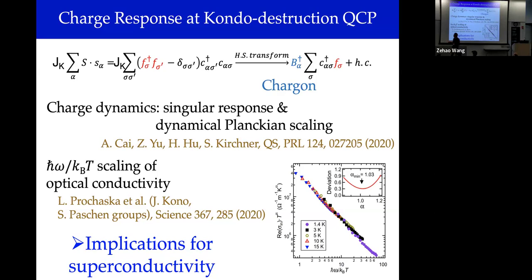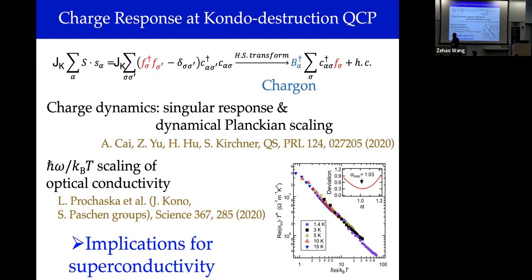And experimentally, the most direct evidence came from the measurement of terahertz optical conductivity, again at Rice, by John Kono's group, once again using the Vienna MBE film produced by Silke Paschen and her collaborators, which showed that the kind of omega over T scaling that I started with in spin dynamics, in fact, is picked up in the charge sector as well.